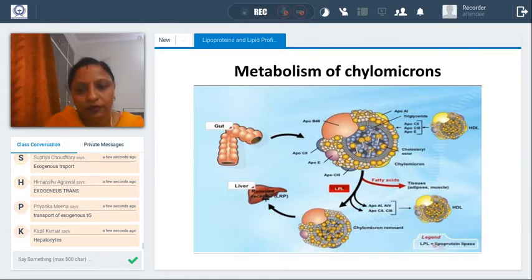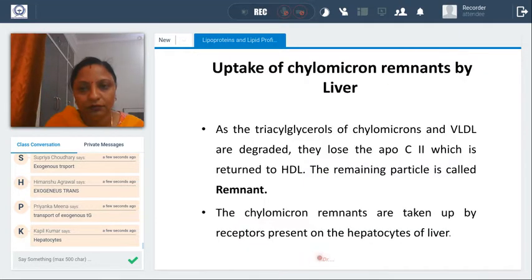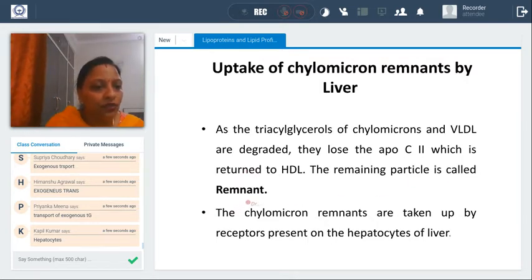So this acts as a ligand. As I told you earlier, the ApoC2 is returned to HDL, and this particle is called the chylomicron remnant. So is it clear to all of you?